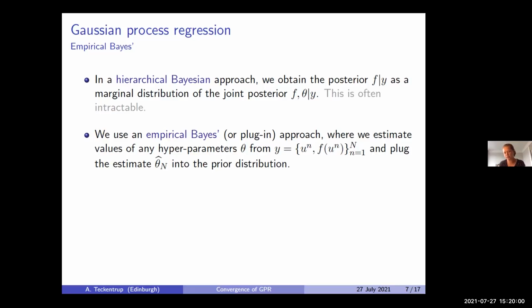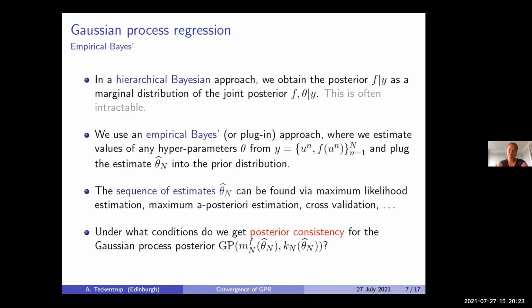And then you just pretend that that is the true value of the hyperparameters. And so you just plug that into your prior distribution and then do the standard prior to posterior update. And so you use the data to estimate the hyperparameters and then pretend that that estimated hyperparameter is the true value for the hyperparameters.